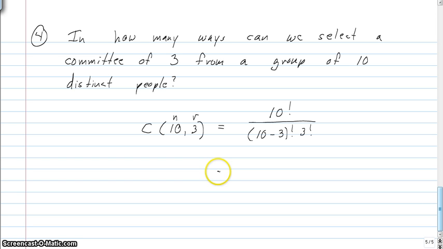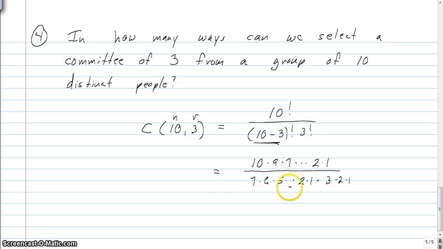So if I was going to write this out, 10 times 9 times 7 all the way down times 2 times 1. Now this guy right here is going to be 7 factorial. That's 7 times 6 times 5 all the way down times 2 times 1, and then this is 3 times 2 times 1, 3 factorial.